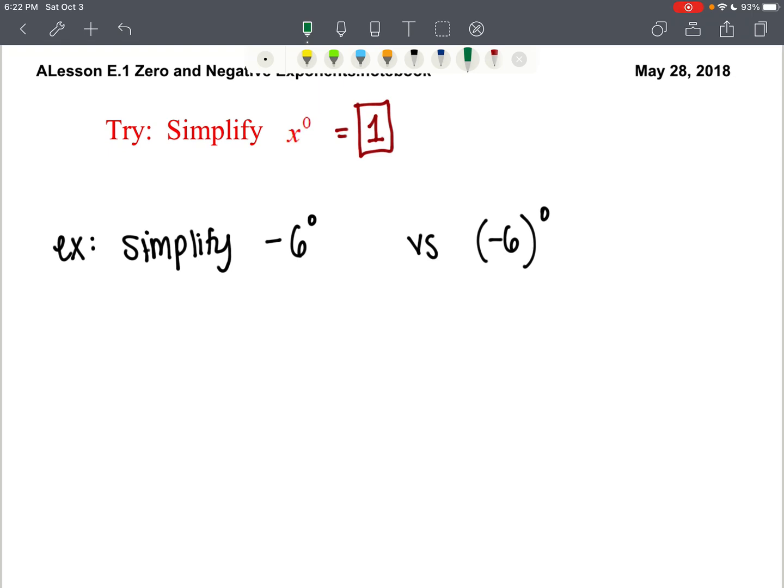Or maybe you already have it in your head, and you're saying, I know what this is because the base is 6. The base raised to the 0 power is 1, and then this negative is left behind. And hopefully you're saying here the base is negative 6, and that base raised to the 0 power is 1, and there's no negative left behind.